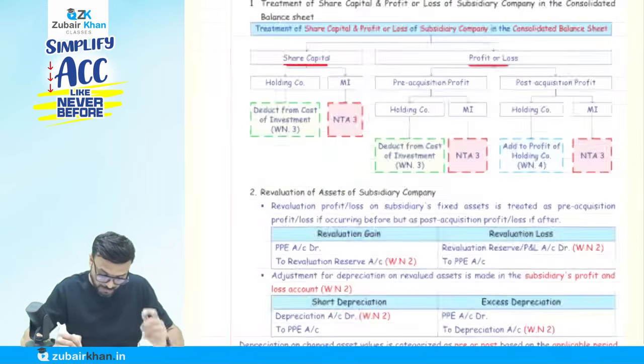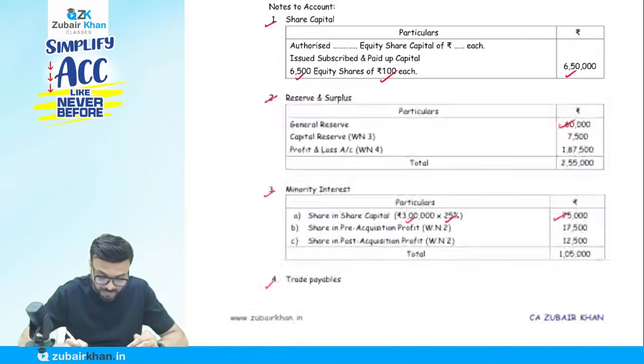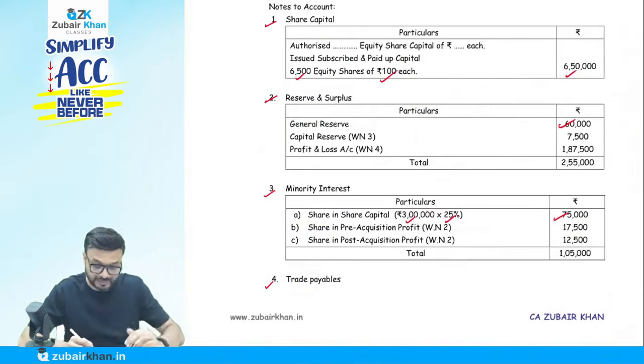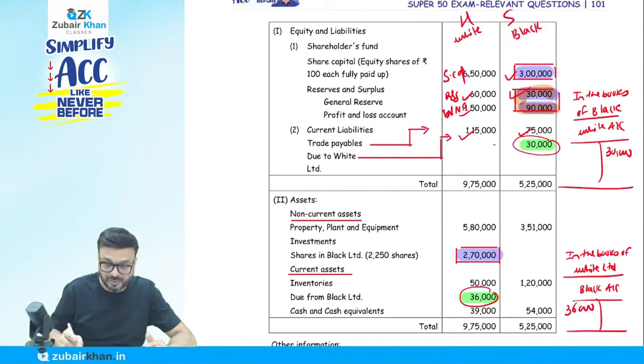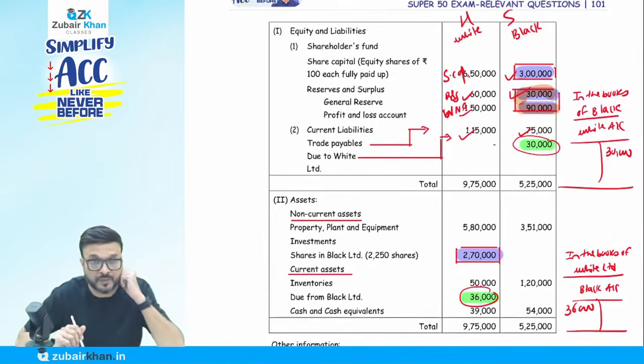Then we will analyze the pre and post later, but before that we have to analyze this. You can see they have a general reserve of 30,000. We already discussed this general reserve. All are pre only. Where we do the analysis of profit of subsidiary company, always working note number 2.